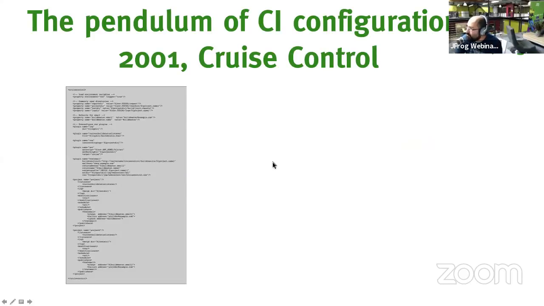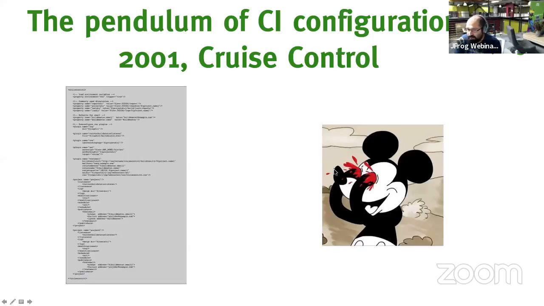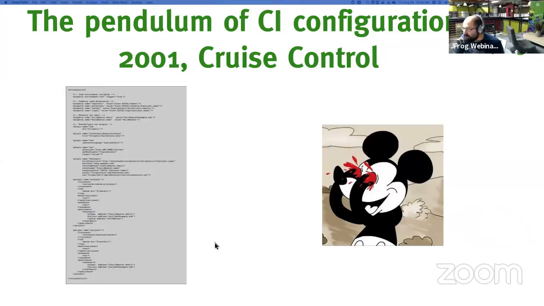So, CruiseControl, anyone? I guess there are some old guys like me that actually remember that. As you can see here on the left side, the horror of the XML configuration. Yes, it was that horrible, and that's why Jenkins came to exist.